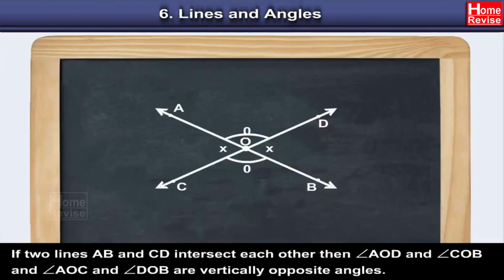If two lines AB and CD intersect each other, then angle AOD and angle COB, and angle AOC and angle DOB are vertically opposite angles.